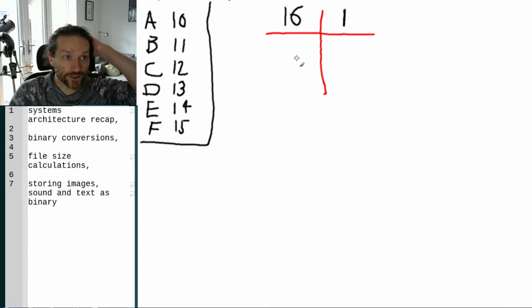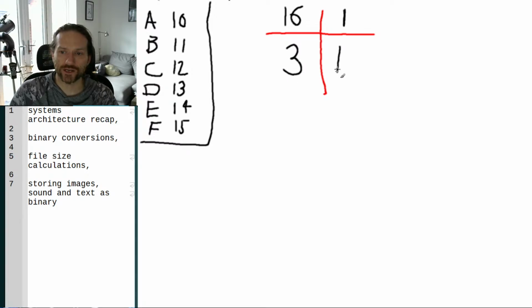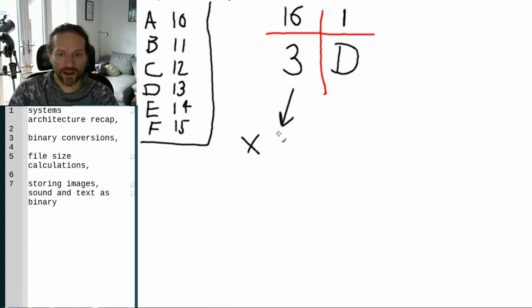So if we're converting a hexadecimal number, let's do that 3D. Okay, we have D 1s and we have 3 16s. Okay, so the way that it works is this. The first column you multiply by 16, yeah? And then you just add on the second column, because what you're effectively doing is multiplying it by 1, yeah?